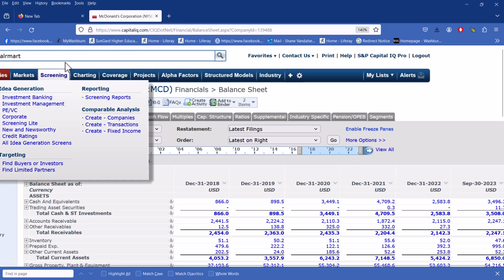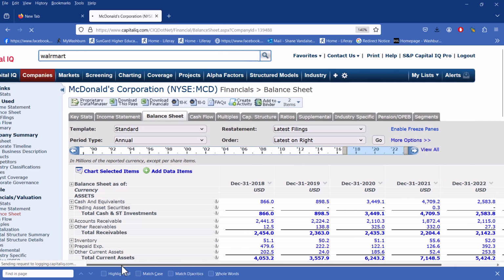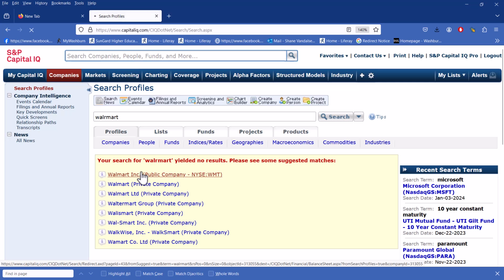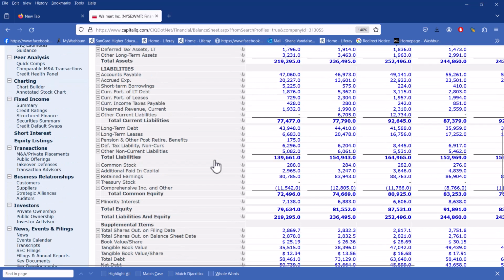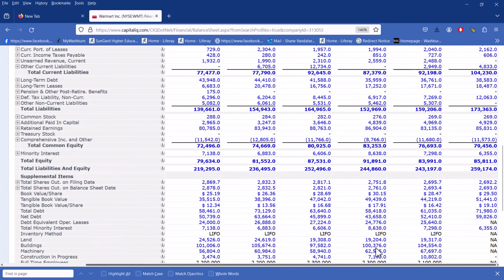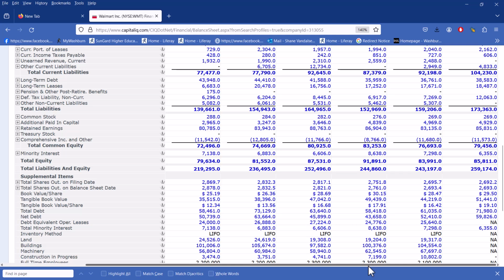Because we know for Walmart this isn't the case. So we can see their total equity is positive. Their book value of equity is positive. I mentioned minority interest before, they do have a minority interest. You can see that out here.